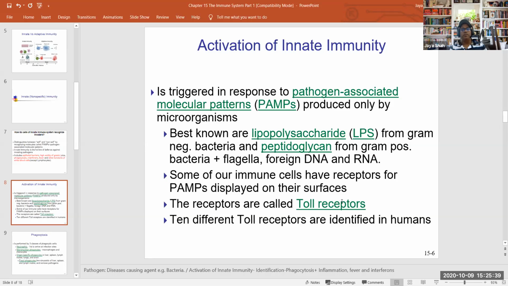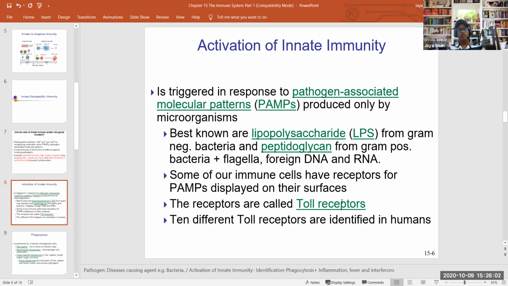Okay, so our immune cells' plasma membrane contains receptors, and those receptors can recognize whether a protein inside our body is from our own cells or it is from outside, like a microorganism.